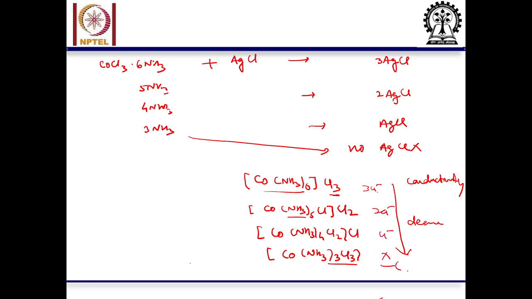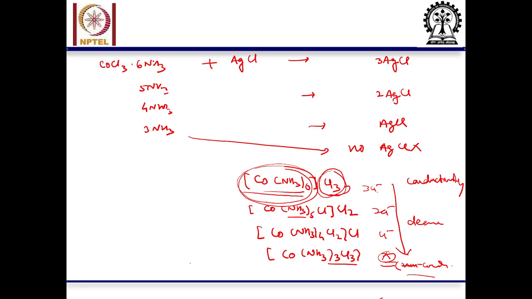This is a non-conductive solution. So basically he has 4 ions, 3 ions, 2 ions and 1 ion, and accordingly he got the conductivity. From here he said there are two types of valency, primary and secondary, and gave the inner sphere and outer sphere concept.